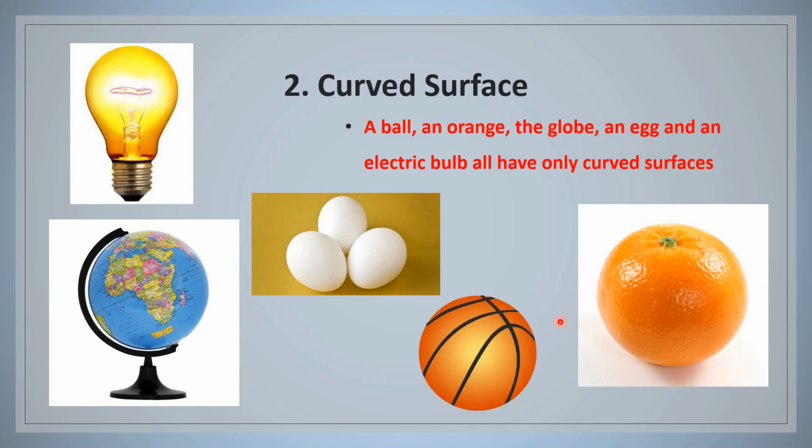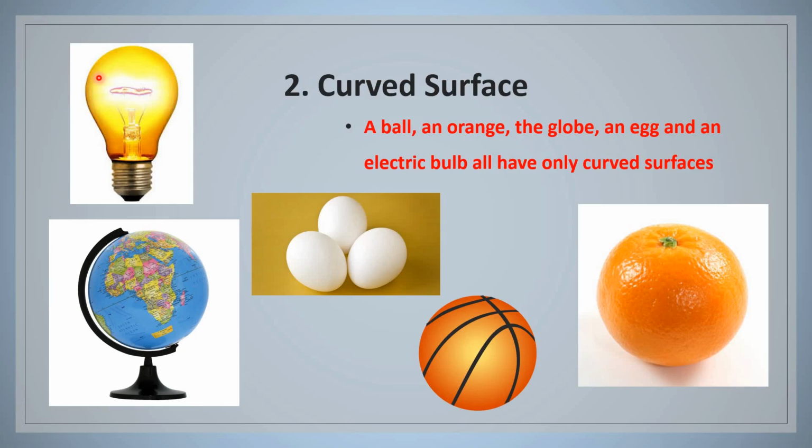The next one we are going to do is curved surface. Now what is a curved surface? A ball, an orange, the globe, an egg, an electric bulb all have curved surface. Now curved surface, always remember, has a circular shape. If you see a bulb, it has a curved surface. It is not flat.